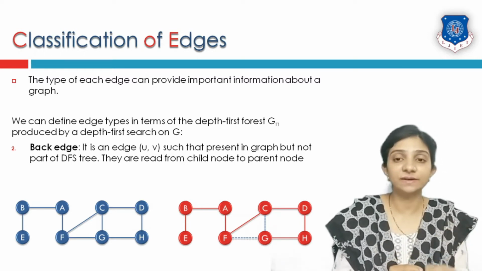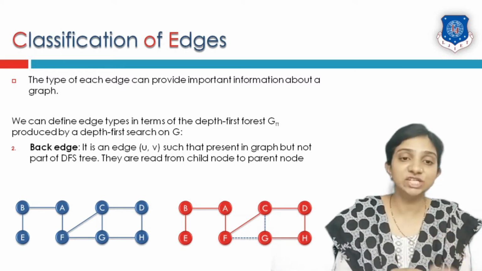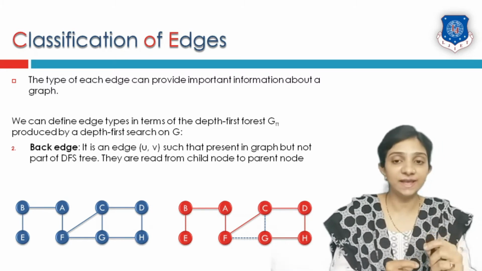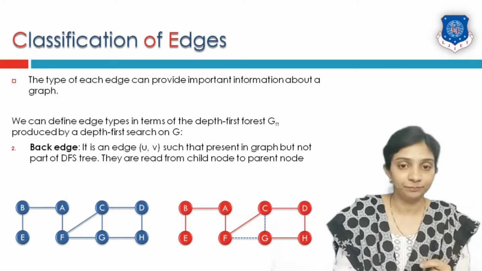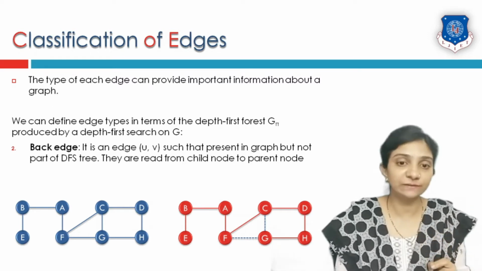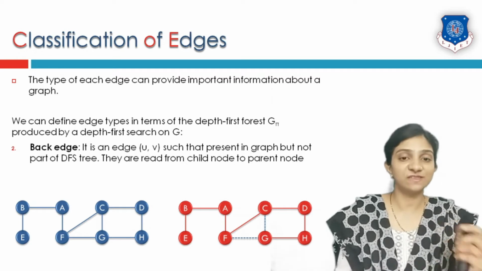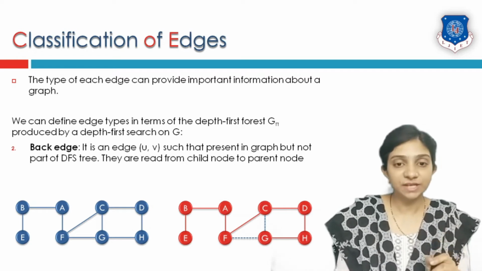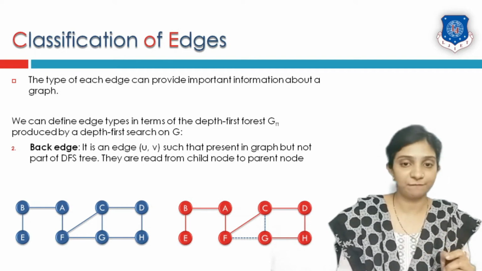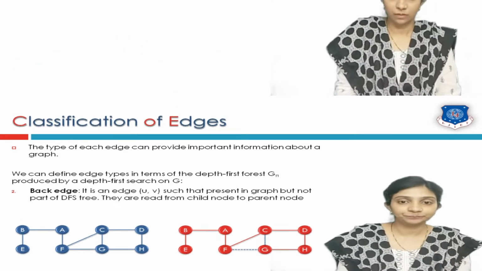If I consider C is traversed first and G vertex is traversed last, we will read an edge from G to C. Similarly, F is traversed before G is traversed, so F becomes ancestor, G becomes descendant. So we will read it from G to F, not F to G.